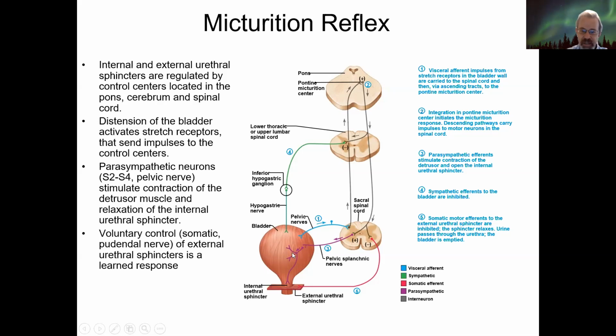So contraction and relaxation by way of the autonomic nervous system. And you can see that right here. Parasympathetic efferents stimulate contraction of the detrusor and open the internal sphincter.